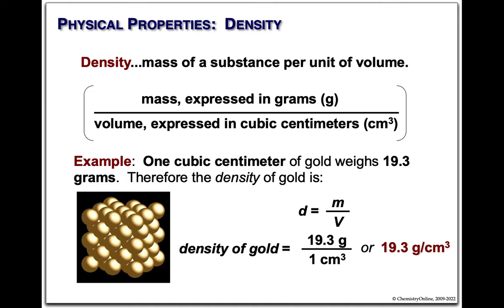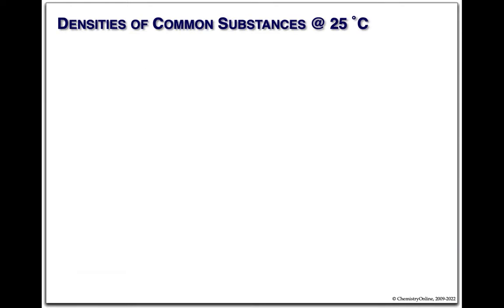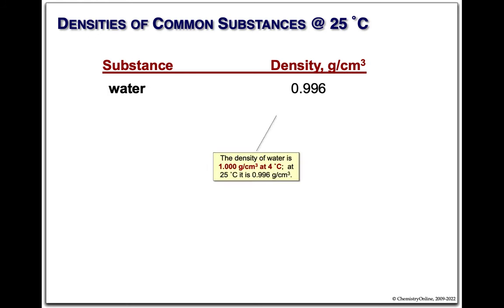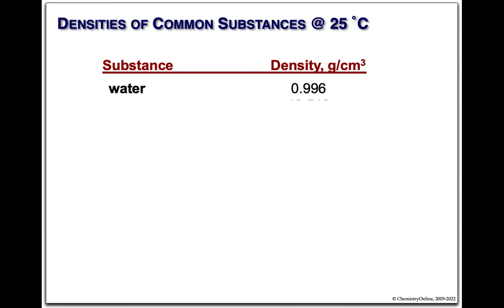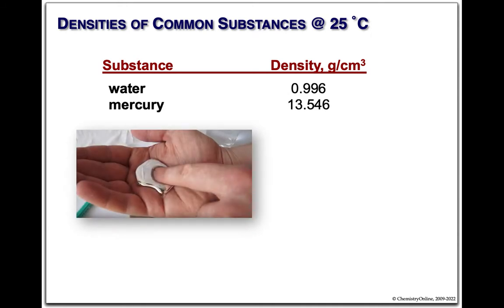Well, substances have different densities. The density of water is darn near 1. Actually, at 4 degrees centigrade, it is exactly 1. But at room temperature it is a little less, 0.996. Mercury, we've seen, is heavy, fun to play with.